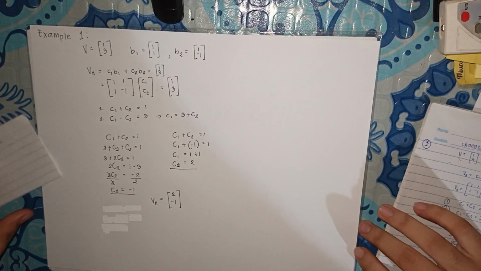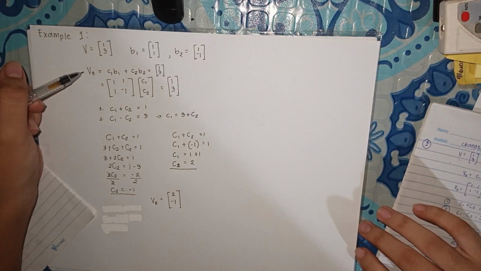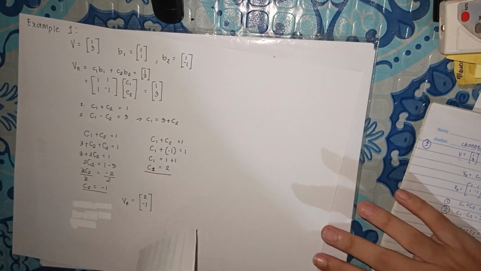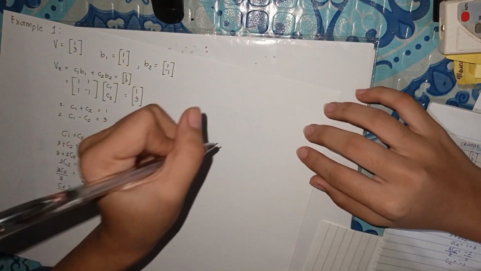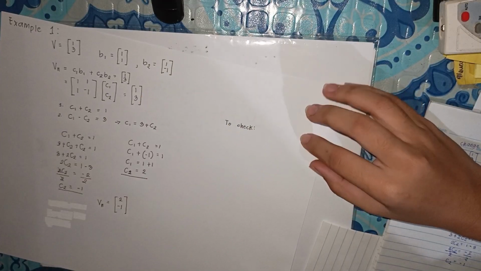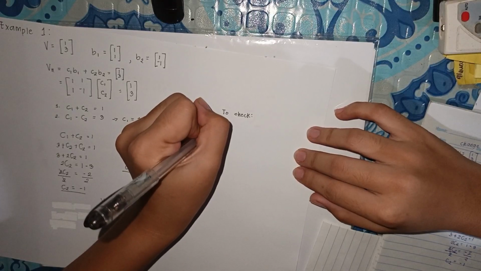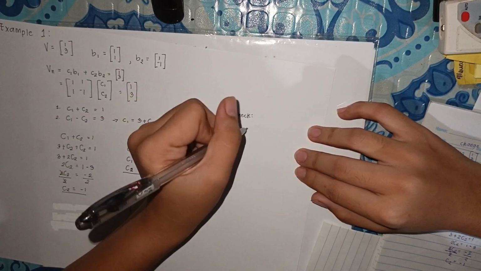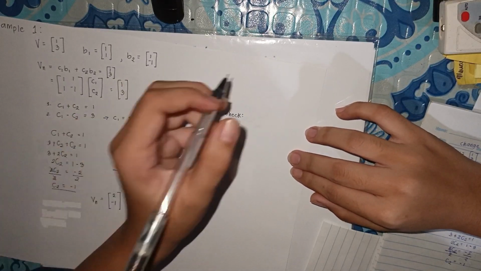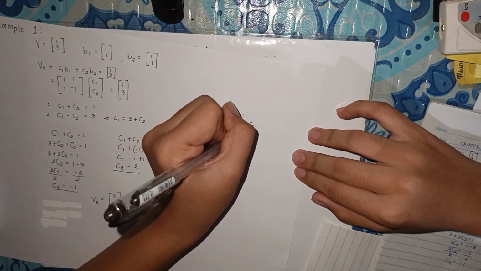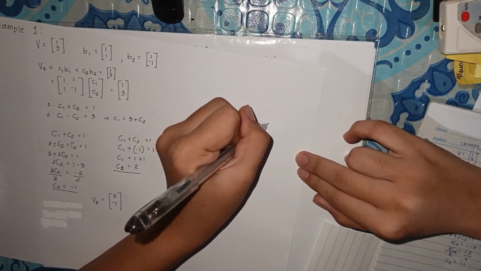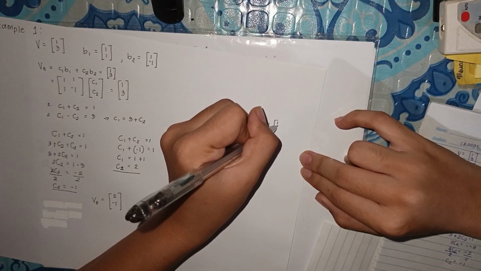So, atong gamiton gihapon ni siya nga formula. So, unsaon nato isulat diri dapit. So, to check if sakto ba ang answer, so, new vector is equal to C sub 1 times basis 1 plus C sub 2 times basis 2 is equal to vector 1, 3.